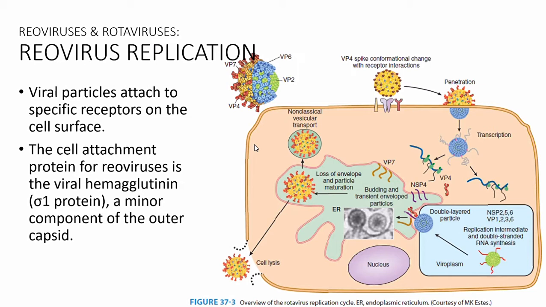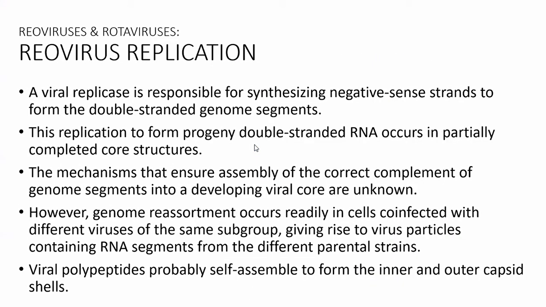After being extruded from the core, this mRNA will be translated into primary gene products, and some of the full-length transcripts will be encapsulated, which will then form immature virus particles. After cell lysis, these viral particles will then be released from the cell.